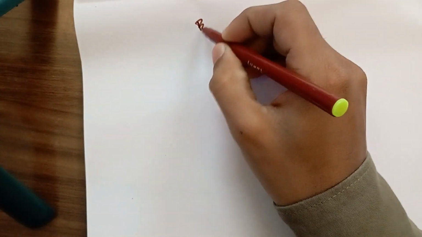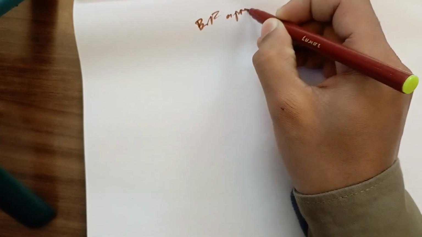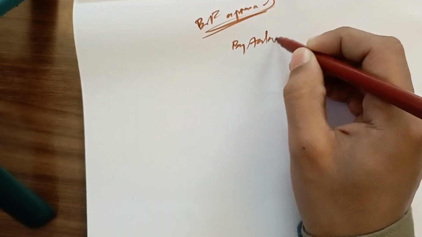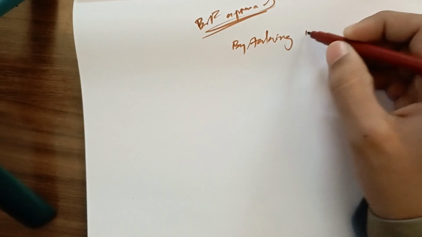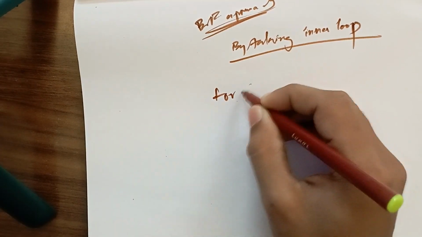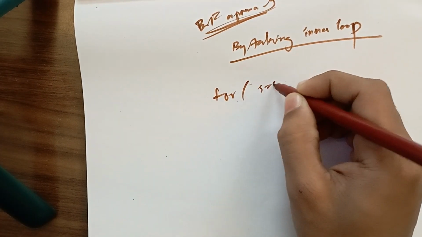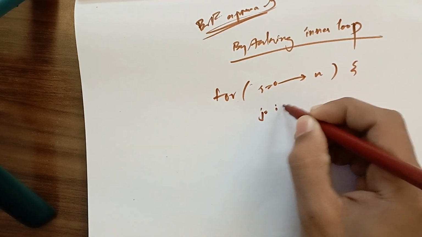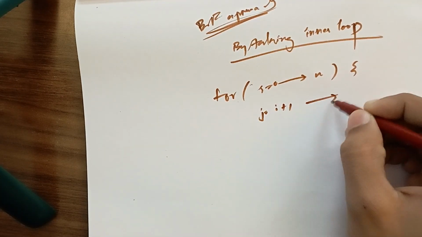So if you see clearly, we can use a brute force approach here by taking an inner loop. So we'll be iterating through prices from i equal to 0 to n, and j equal to i plus 1 to n.